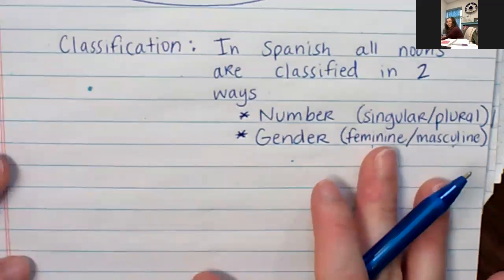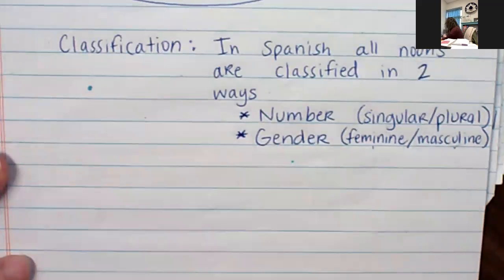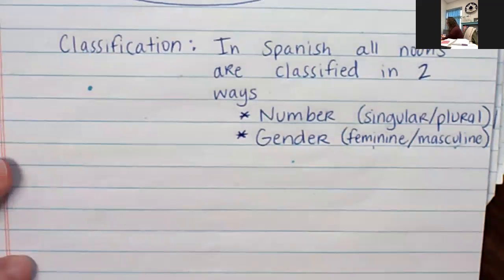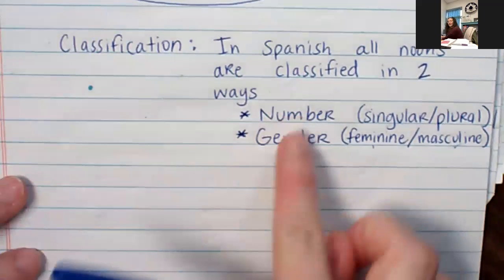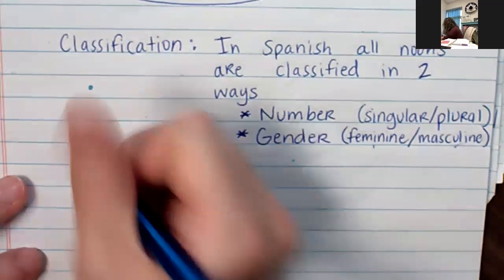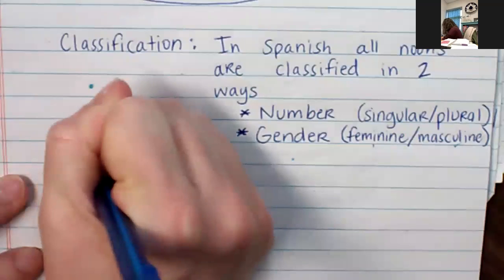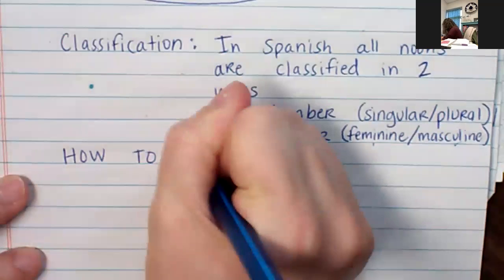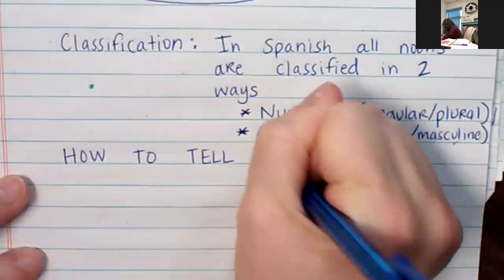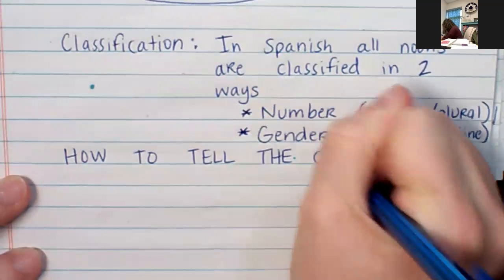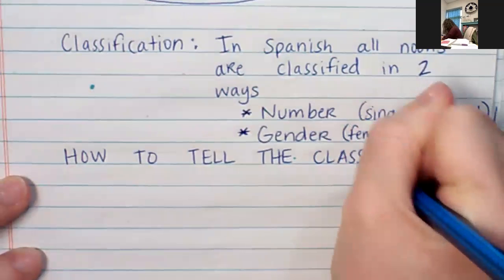So we will write down these specific rules on how to tell how it's classified by number and gender. So how to tell the classification.